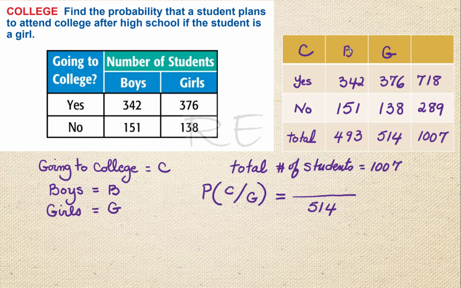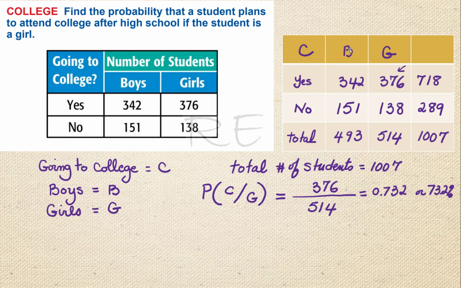And that total should be our denominator. Now, the number of girls going to college is 376. So it's the number of girls going to college over the total number of girls. And that probability is 73.2%.